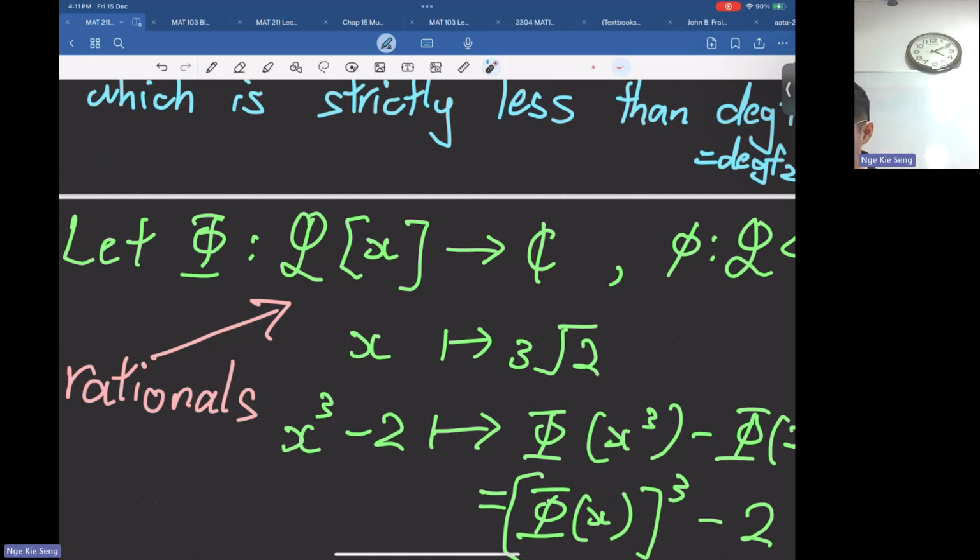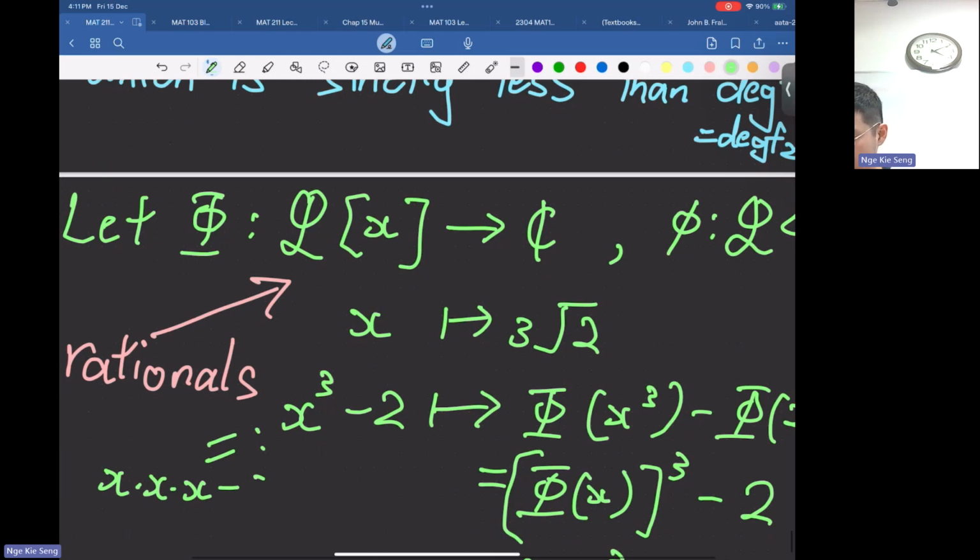Okay, so the power of X is just defined to be X dot X dot X, n times.